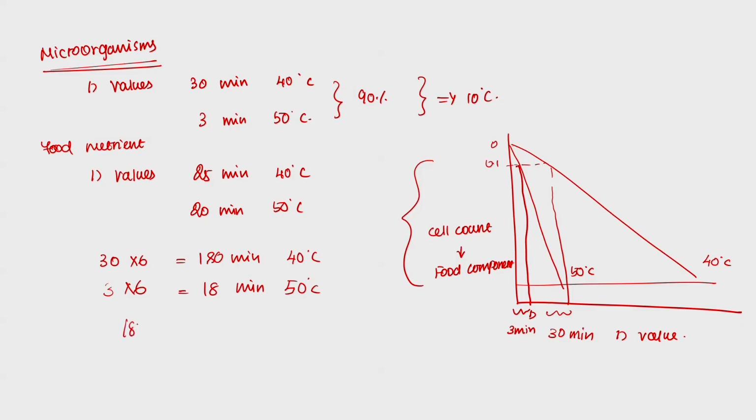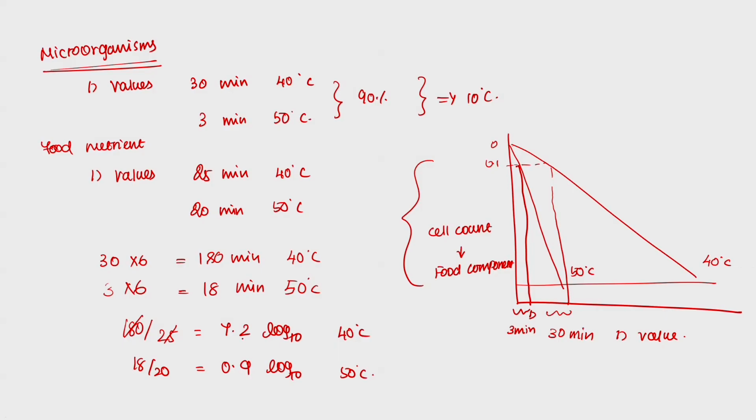So if I get 180 upon 25, this is something about 7.2 log 10. So if I have 18 upon 20, this becomes around 0.9 log 10, right. So this is at 40 degree, and this is at 50 degree.